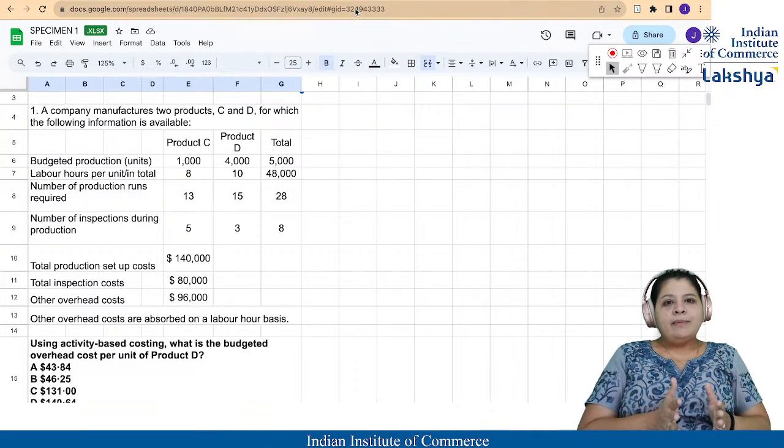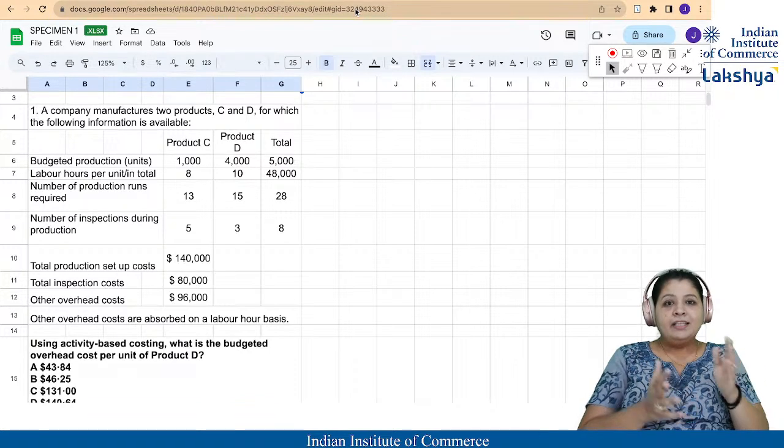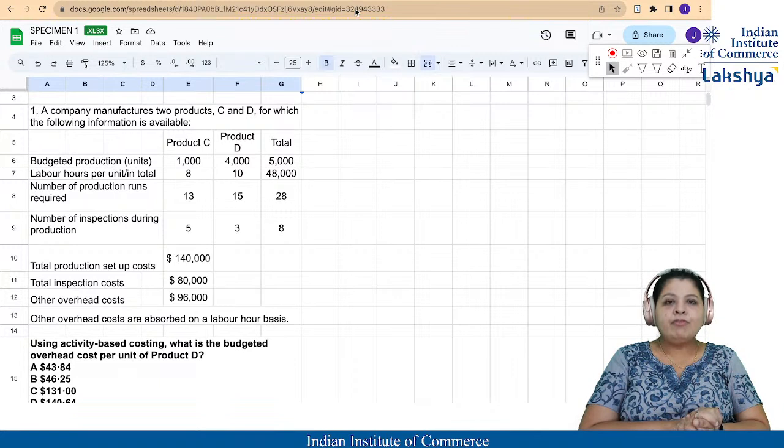MCQs or objective type questions are very good, but the problem with them is either you get your 0 marks, or you get your 2 marks. There is no in between. There are no step marks given for your Section A and Section B.